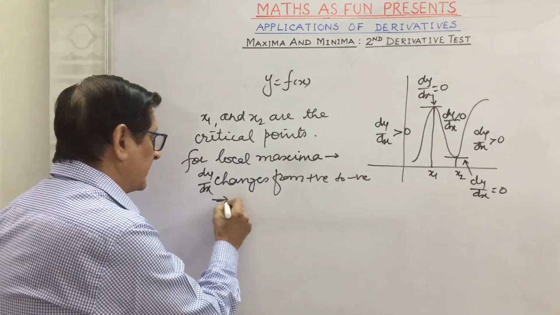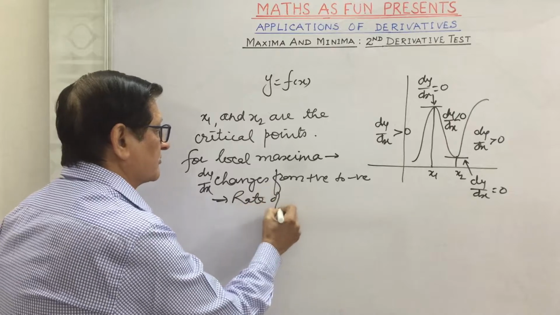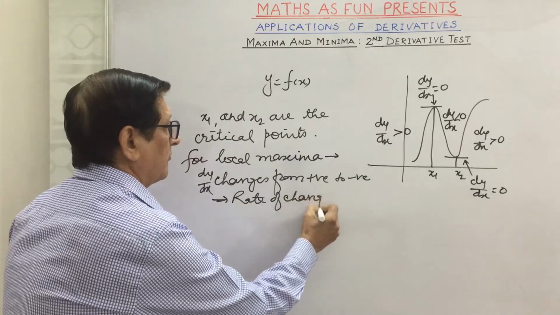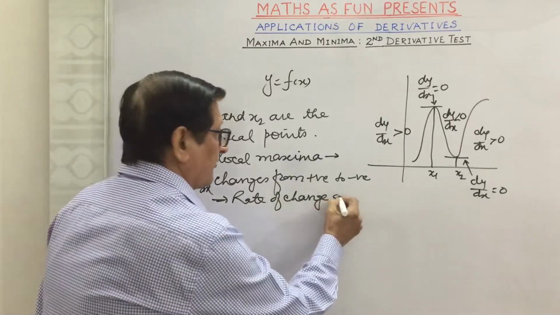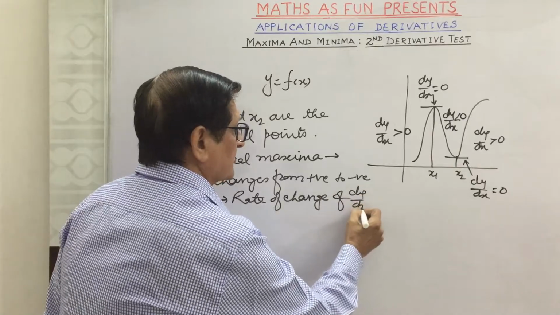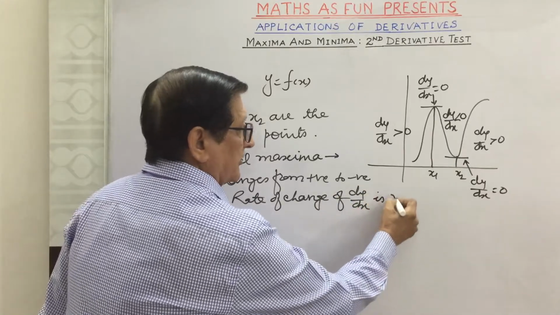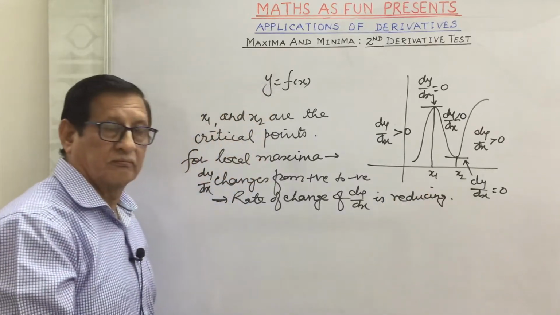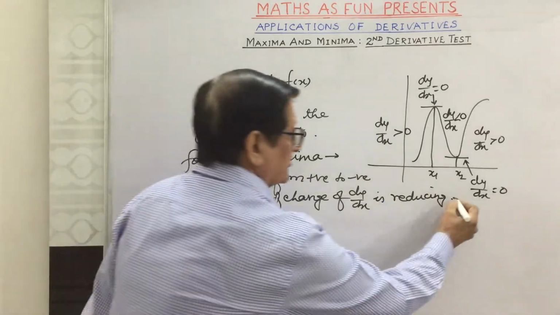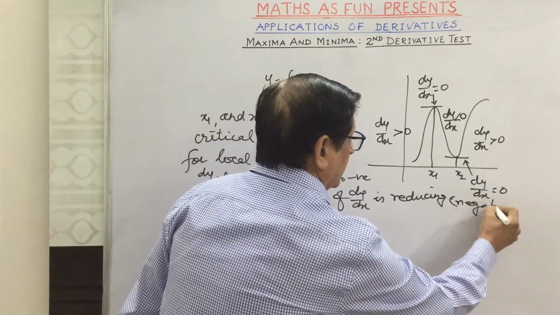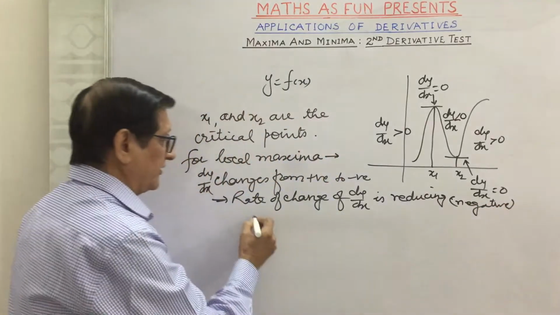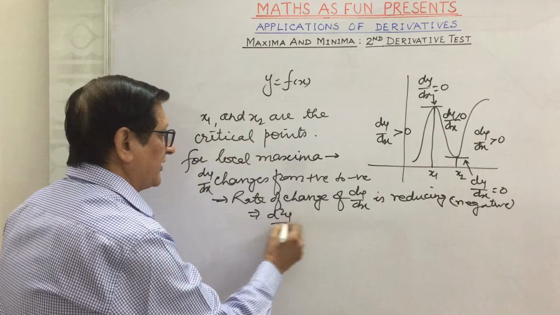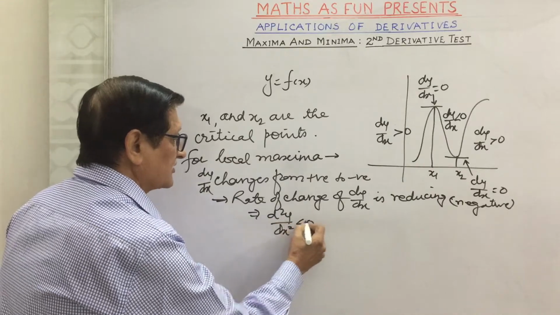This implies that the rate of change of dy by dx is reducing, that is negative. It means we find that d2y by dx square is less than 0.